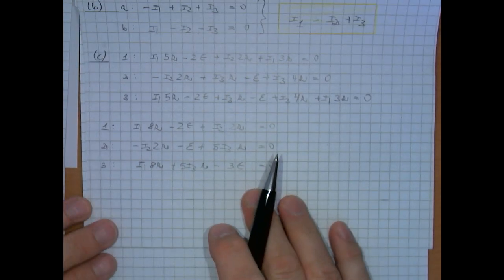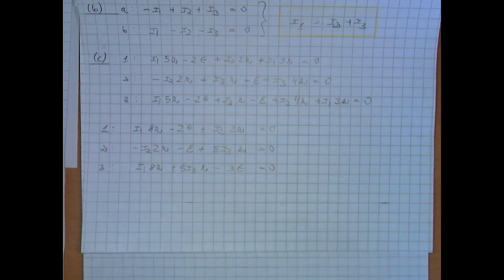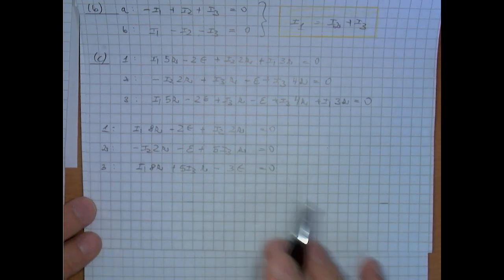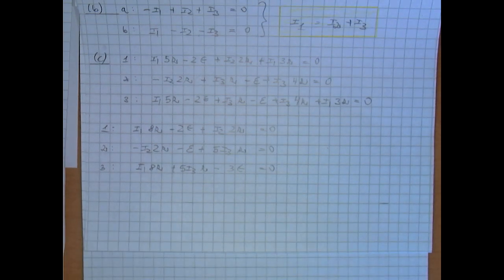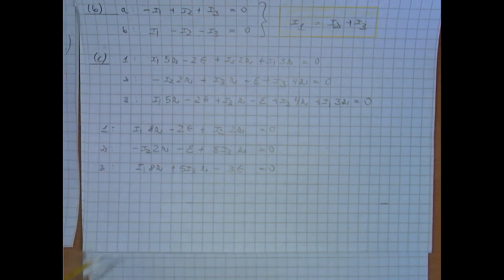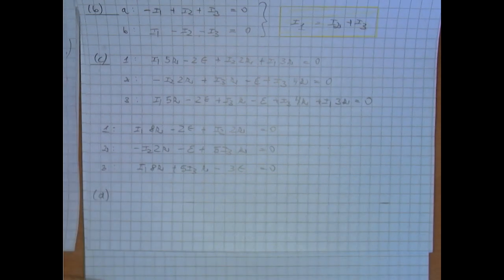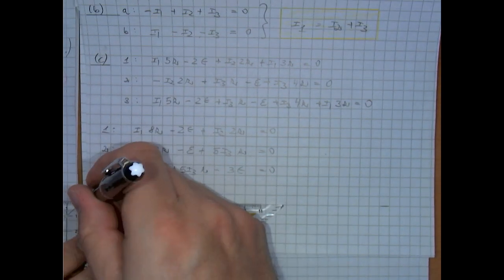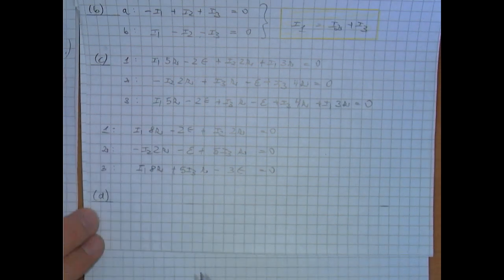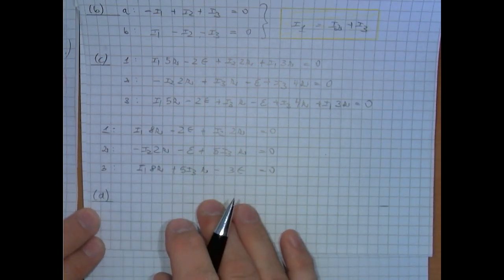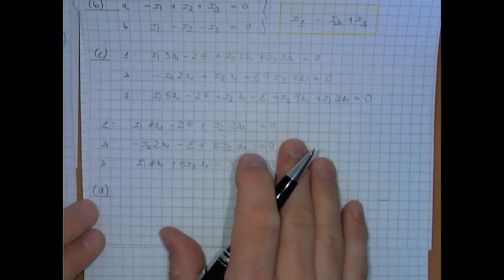So now what I want to do is solve these sets of equations for the three unknowns, namely the currents. So this is now the last part in part D. So how do we do that?